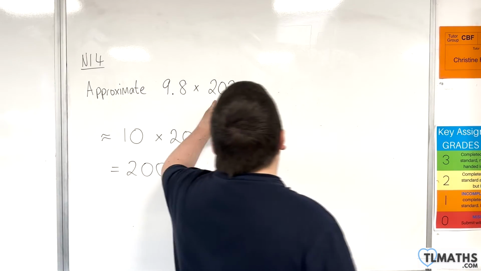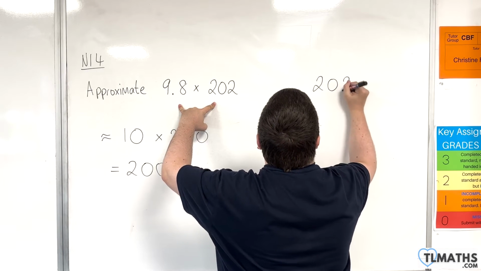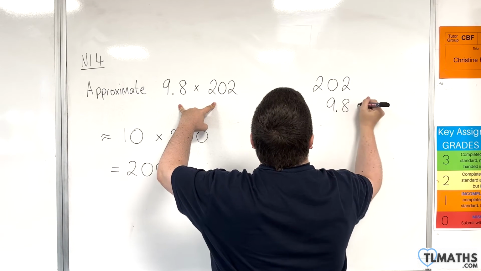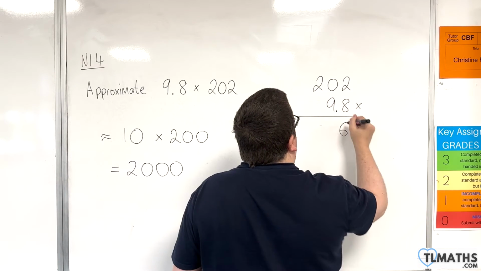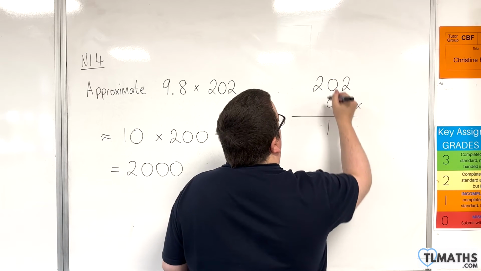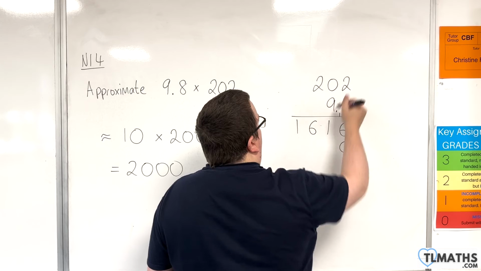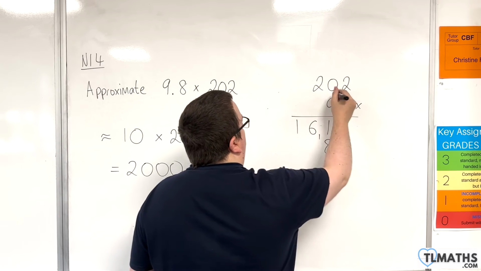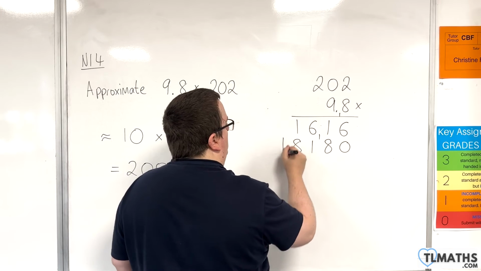So if I multiply 9.8 times 202, let's do it this way round. We have 2 times 8 is 16, 0 times 8 plus the 1, and then 2 times 8 is 16, bring in a 0. 2 times 9, 18, 0 times 9 plus the 1, 2 9s are 18.